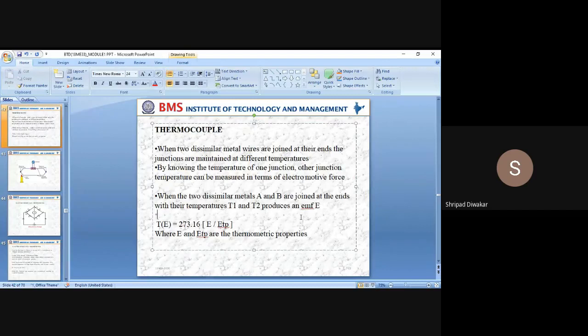A thermodynamic property is one by which the physical condition of a thermodynamic system can be described, for example pressure, volume, and temperature. On the other hand, a thermometric property is used as a measure of the temperature. As the temperature changes in the system, the thermometric property also changes.